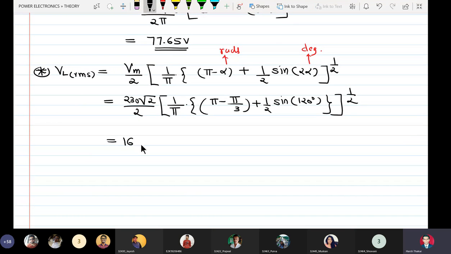162.6 into, and pi minus pi by 3 will be basically 2 pi by 3. So 2 into pi by 3, 2.094, 2.094 plus half of sine 120, 0.433.